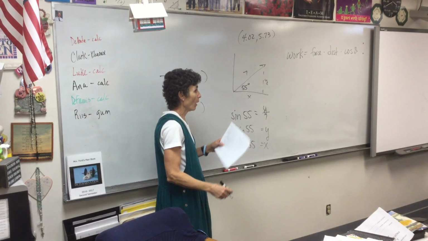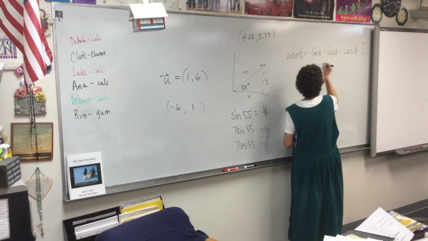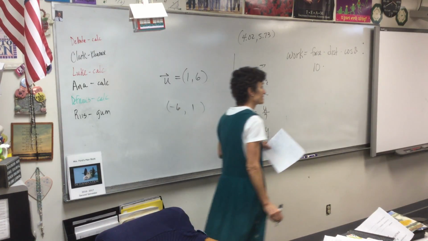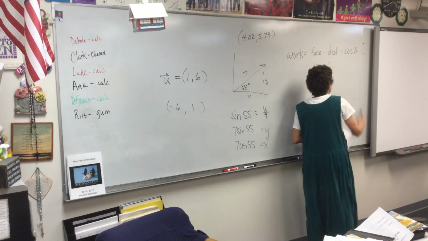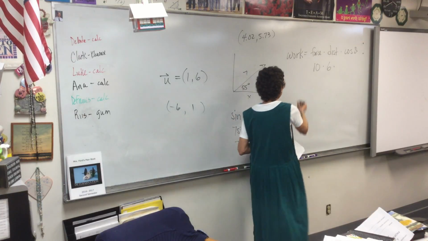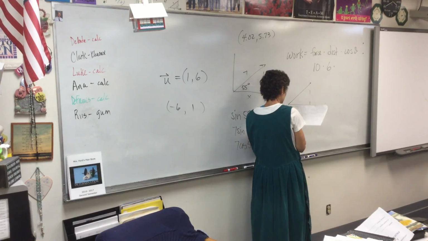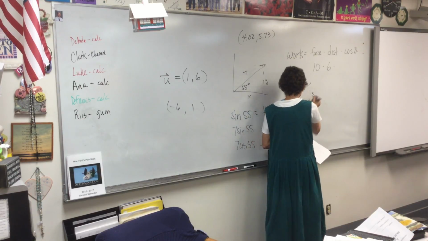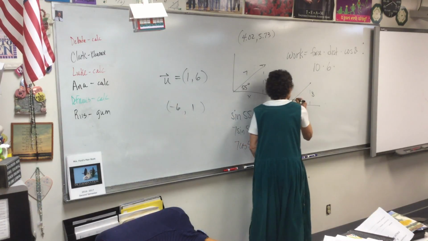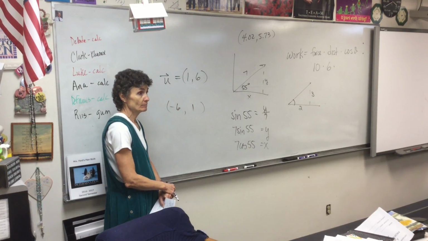So here we go. What do I know? I know the force is 10. What else do I know? The distance is 6. Now, I wish I knew the angle. All I know is that this force is acting in the direction over 2, up 3. I need to know this angle, and I don't. Can I find that angle?